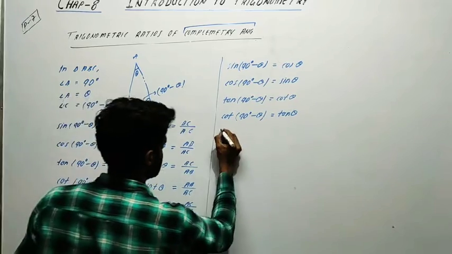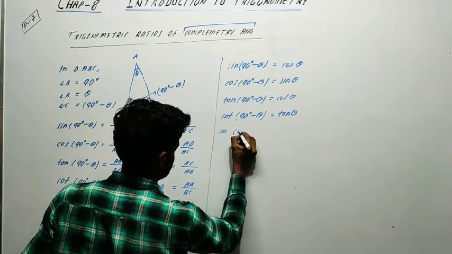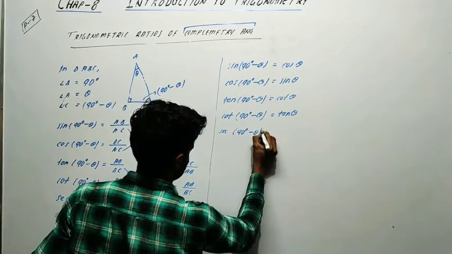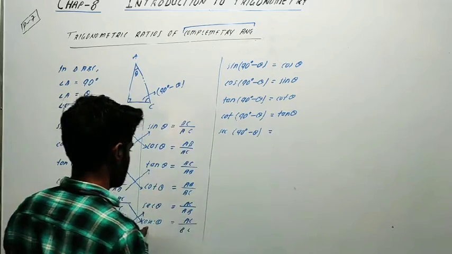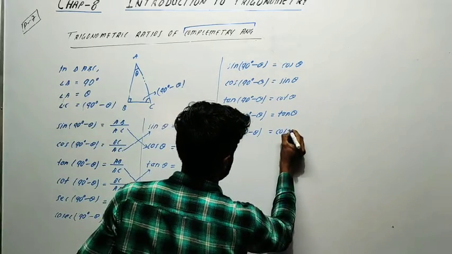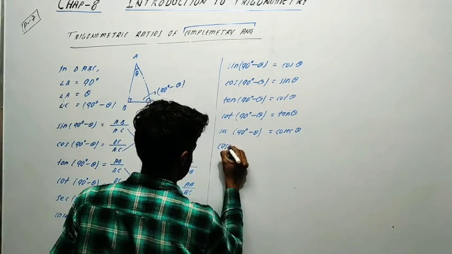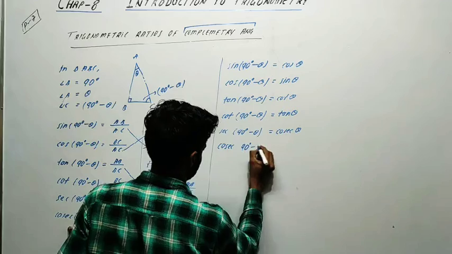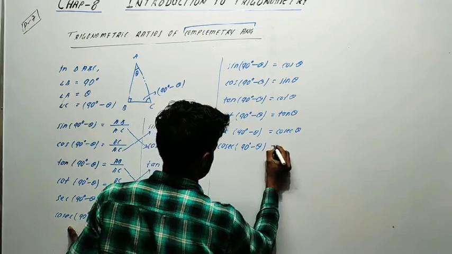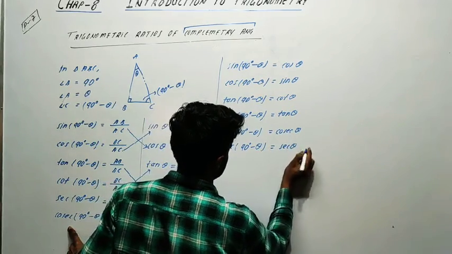Sec 90 degrees minus theta is equal to cosec theta, and cosec 90 degrees minus theta is equal to sec theta.